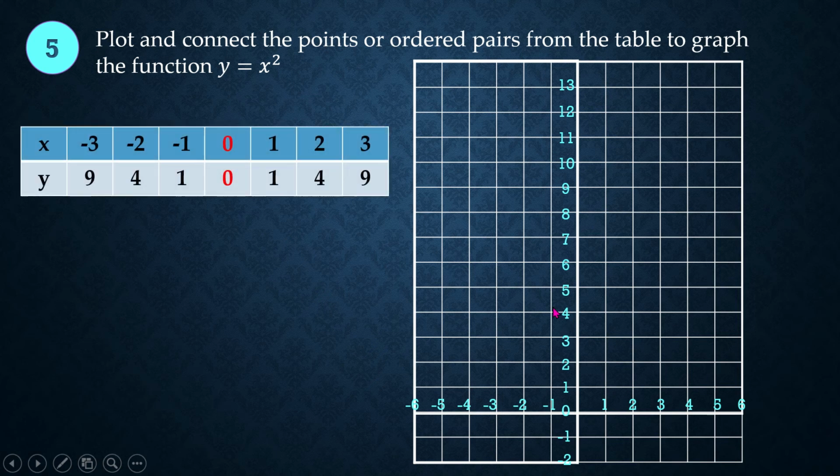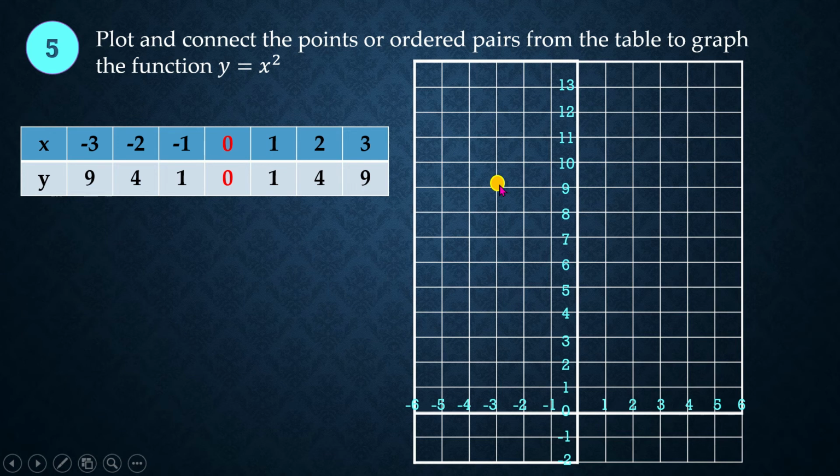So, given the table of values that we solved earlier, we will plot the points or the ordered pairs on this Cartesian plane or rectangular coordinate plane. So first, plotting the ordered pair negative 3, 9. So can we locate negative 3, 9? The value of x is negative 3, then its pair is positive 9. So go up to positive 9. So there.